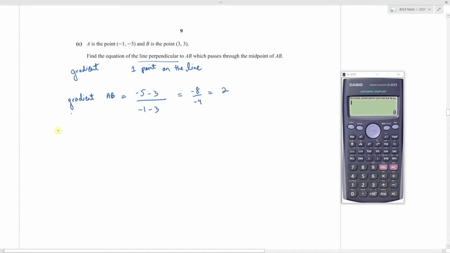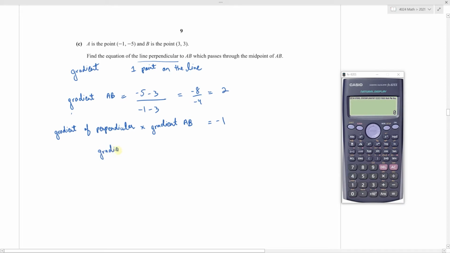So the gradient of the perpendicular line multiplied by the gradient of AB, we know that their product should be minus 1 because the lines are perpendicular to each other.